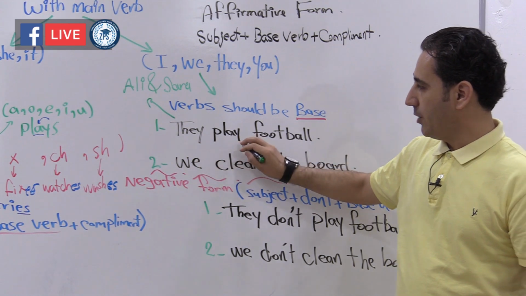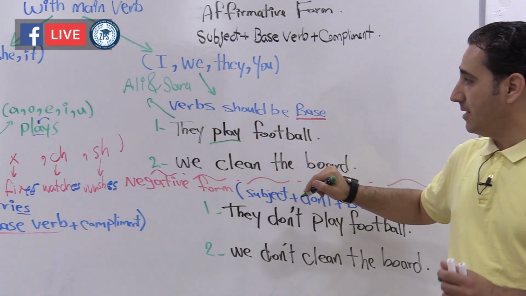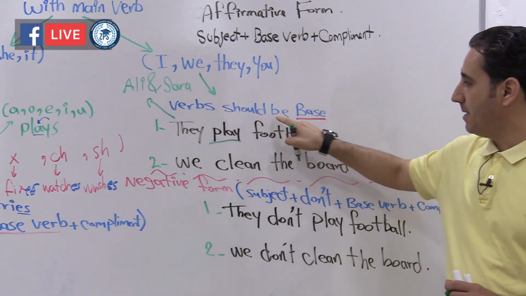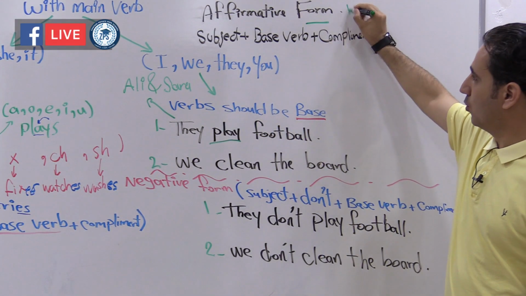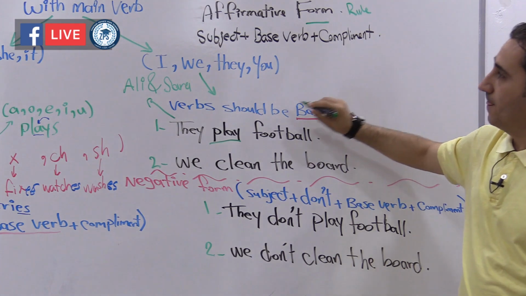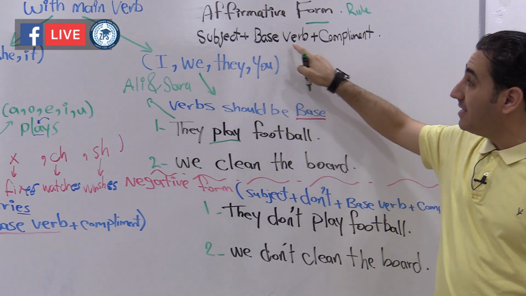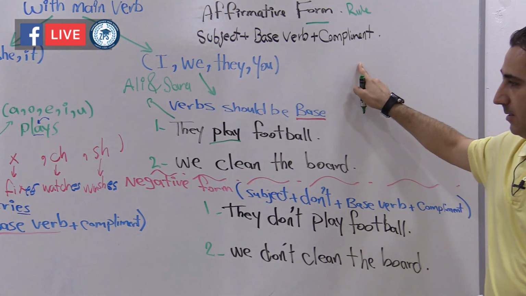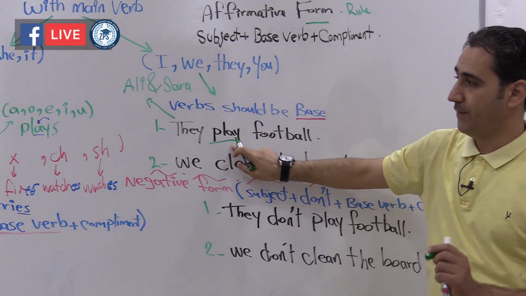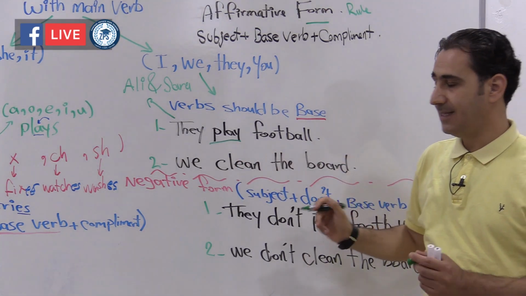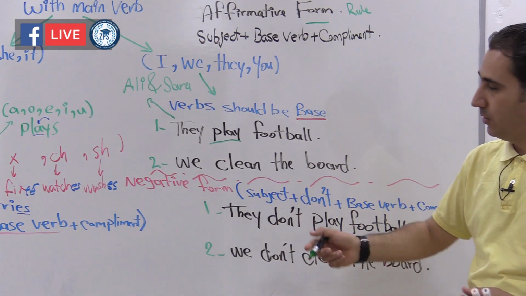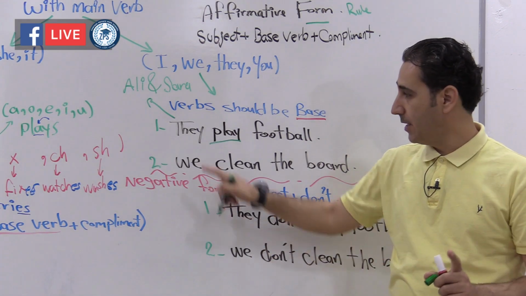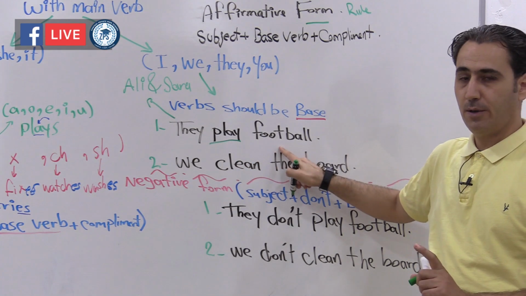So I use the base form. The verb should be base. Look at the affirmative form or rule. You say rule, huh? Subject, base verb, and complement. So this is the base verb, play. I didn't say they plays football every day. No, it's not correct. They play football.